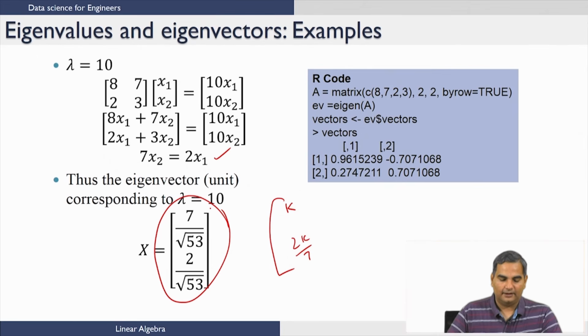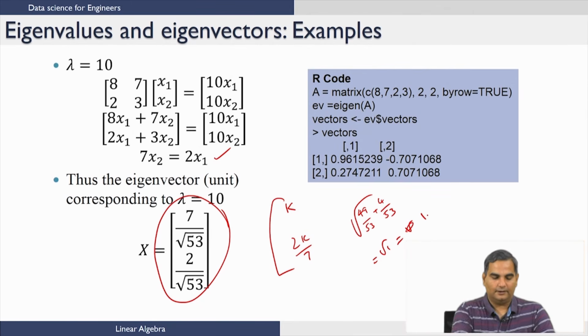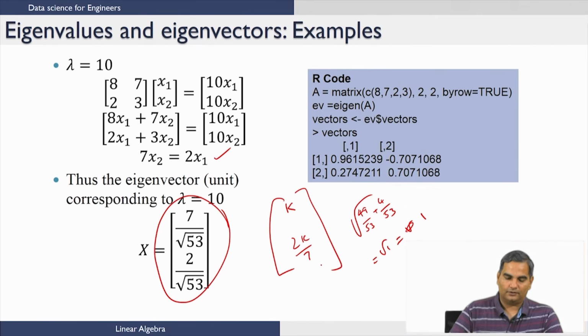So in this case, 7 by root 53, 2 by root 53. If you compute the magnitude of this, it is root of 49 by 53 plus 4 by 53, which is root of 1 equals 1. So the magnitude is 1, and this equation is satisfied by any eigenvector of the form k, 2k by 7.